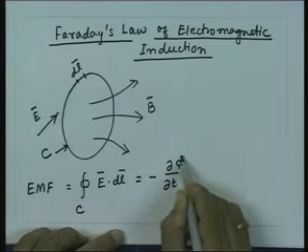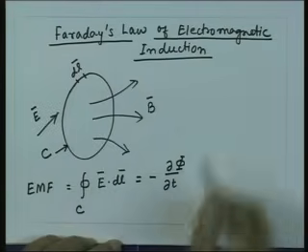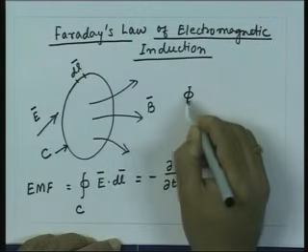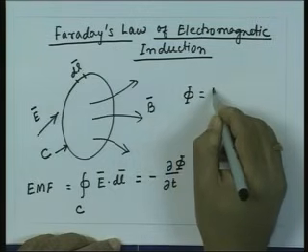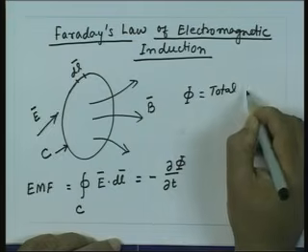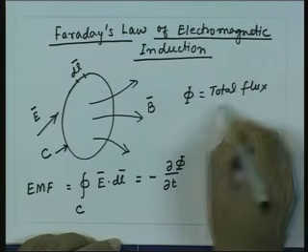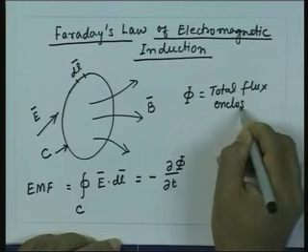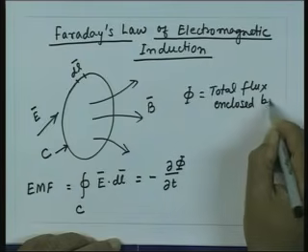Let us say that quantity is phi. So, phi is the total flux enclosed by the loop.